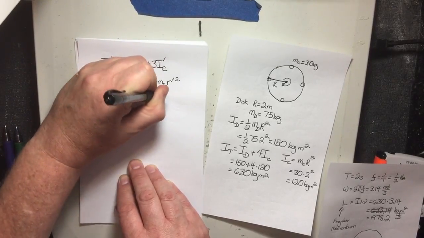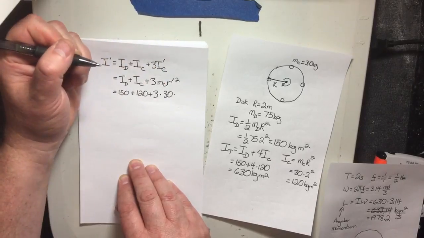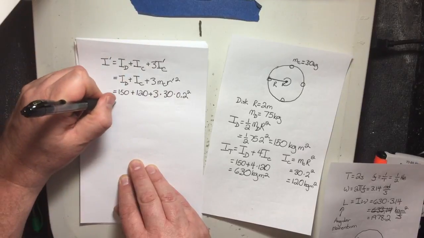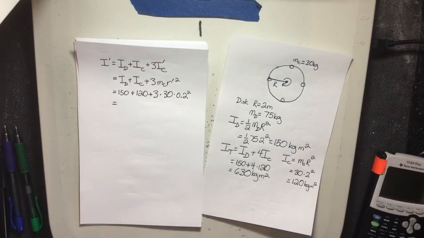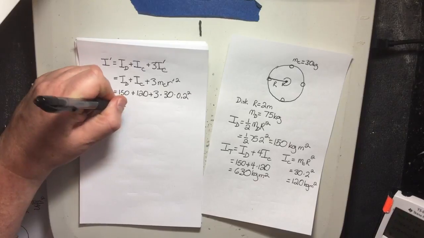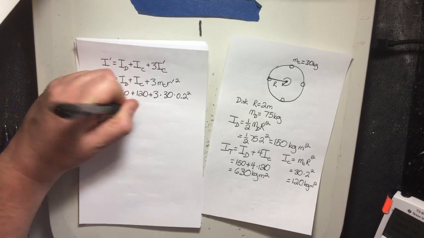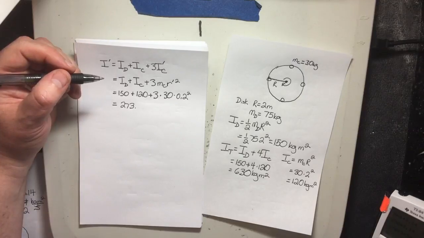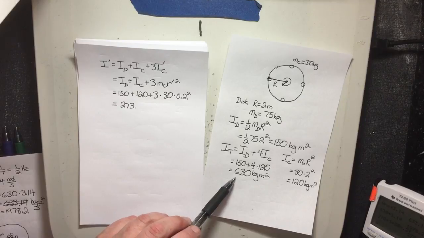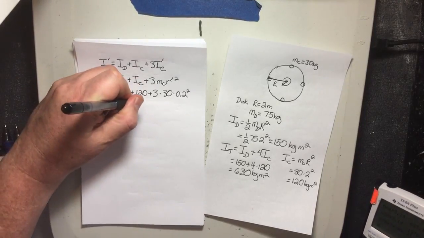So 3 times 30 times 0.2 squared. And that will give you 273. Oh no, hold on. Yeah. Okay. 273.6.